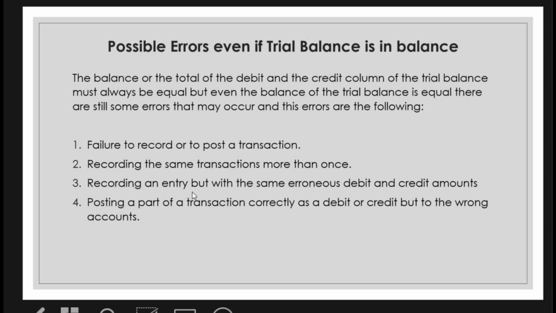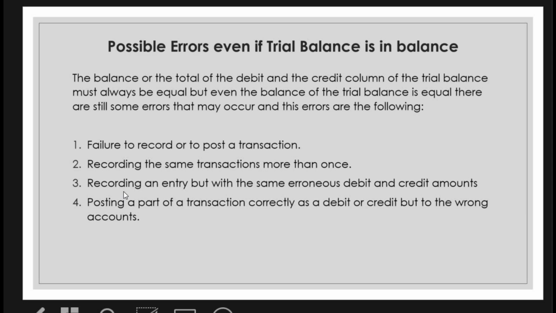Number 3, recording an entry but with the same erroneous debit and credit amounts. Okay, mali. So, ibig sabihin, tama naman yung journal entry mo, kaso lang mali yung amount. Like yung sinasabi ko na, what if yung actual transaction is 10,000 lang, pero na-record mo at 100,000.